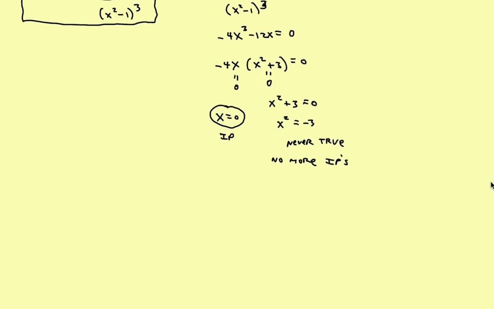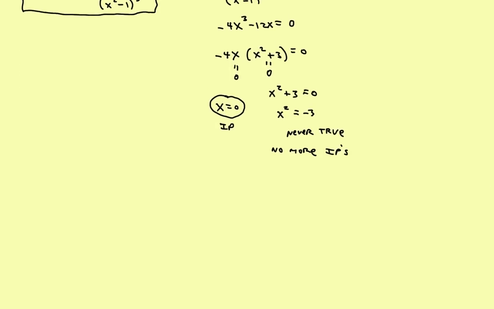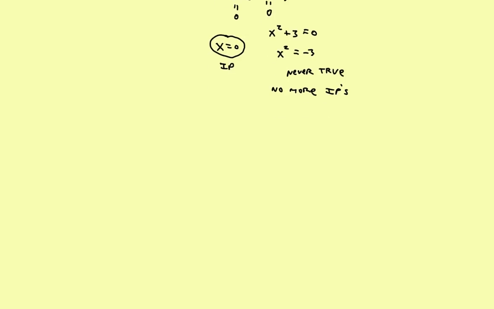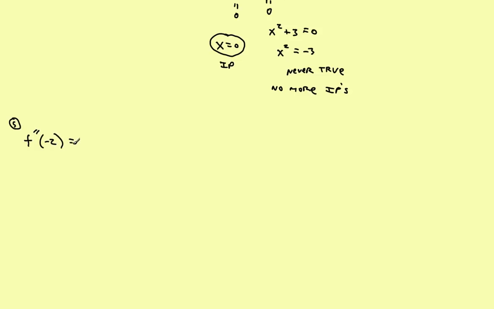So this is going to be step number 5. We'll put it right in here. So step number 5 says evaluate the second derivative at -2. That's the first test point. Evaluate the second derivative at -0.5.